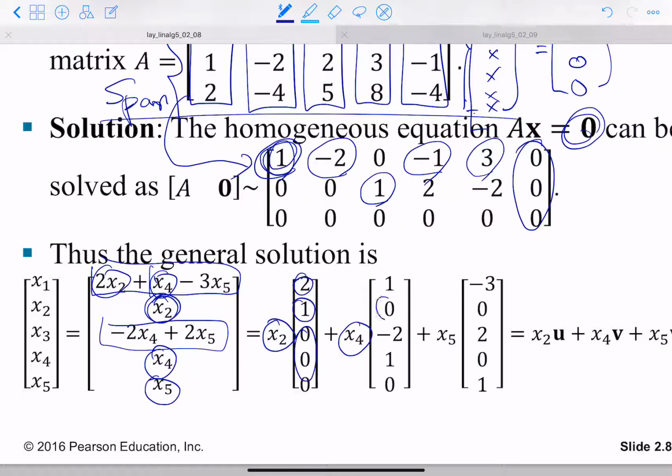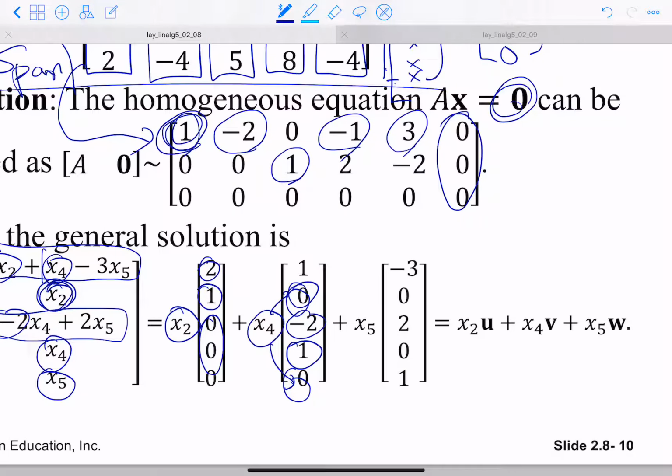For the other free variables, the vector will only contain that free variable itself, so it will not contain any other free variables, right? So in the place of other free variables, you will have zeros, and then -2 over here, and 1 over here. So you know how to obtain this factorized form. This is called the parametric vector form, right?